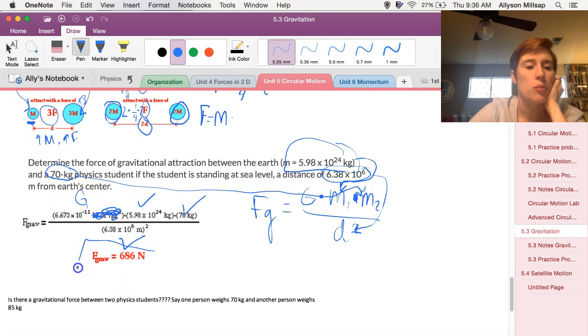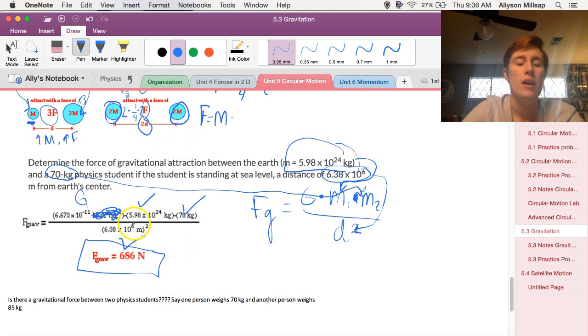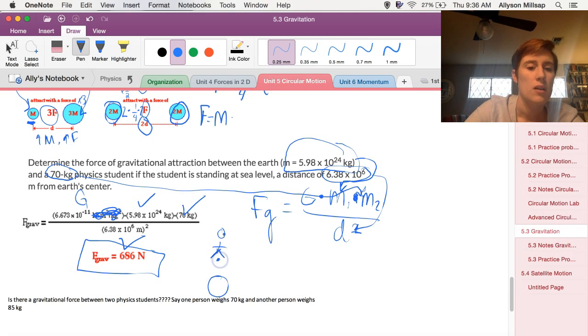And we can come up with the force of gravity on the person pulling is going to be 686 newtons. And if we were to draw a free body diagram, here's the person, here's the Earth. You would show the diagram like this. No, sorry.